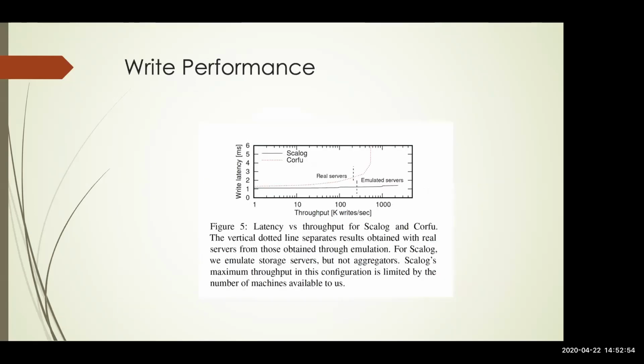Write performance. This one has been done for one shard, so it is a comparison for one shard between Scalog and Corfu. Since Corfu has a bottleneck, that is the sequencer, the client has to interact with the sequencer.